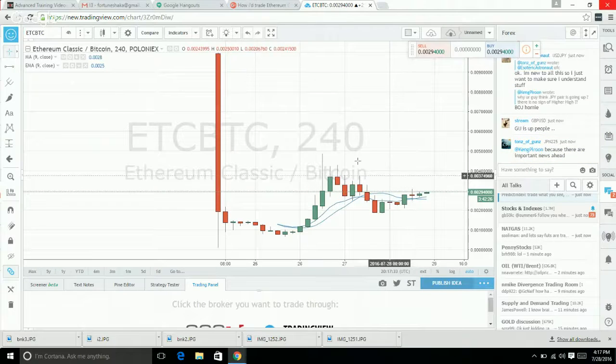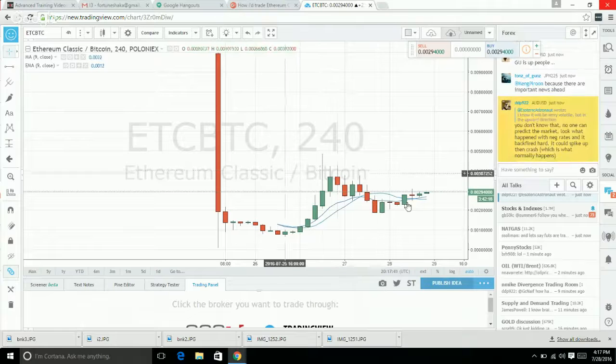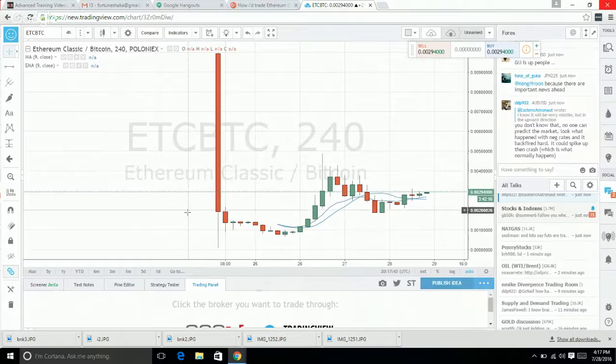The one thing that's rough about trading cryptocurrencies is the small amount of information you have. You can't go back 5 years. You can't go back too far in time. When I trade forex, I look at the day chart, 4 hour chart.